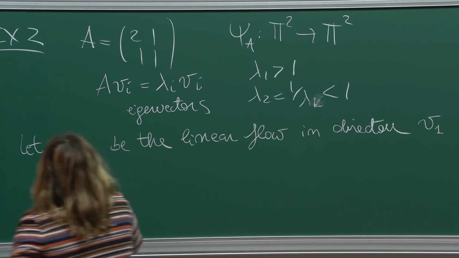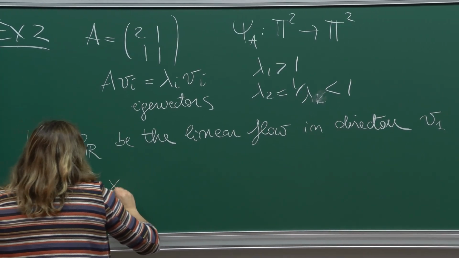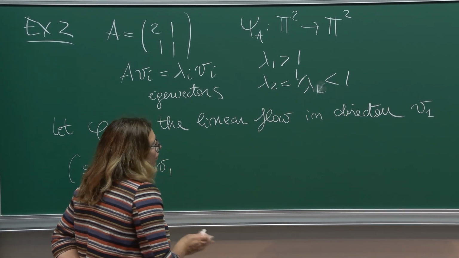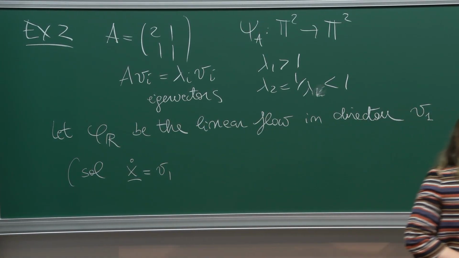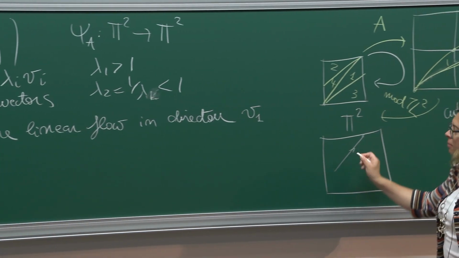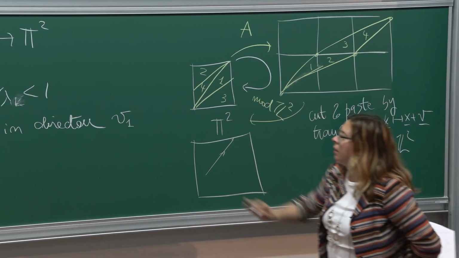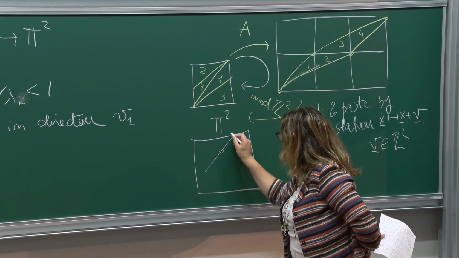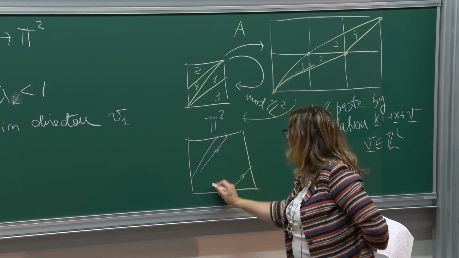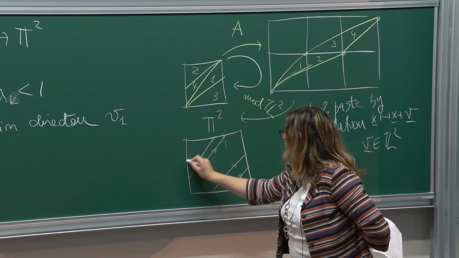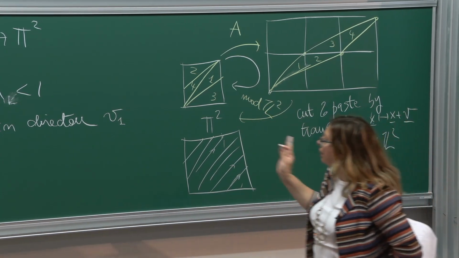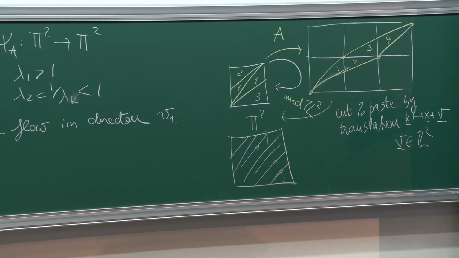If you want, to make it fancy, it's the solution of x dot equals v1. On this flow, I'm just taking points and moving them on lines in direction v1 and using the identifications of the torus. So you're just moving on a straight line in direction v1 with unit speed.